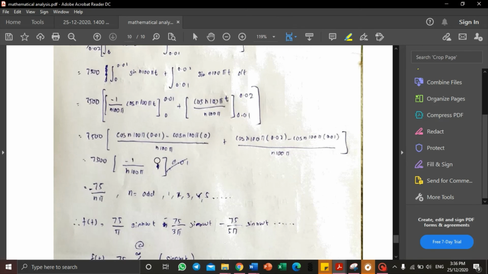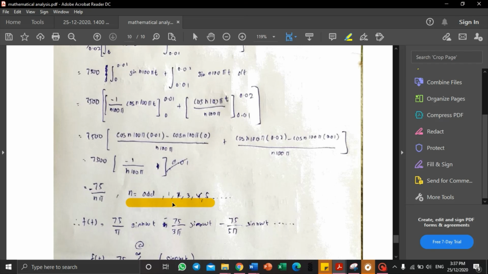Okay, and then we need to apply even and odd. So for the bn, we know that if we apply an even number, the equation becomes 0. Therefore we don't need to find the even numbers, and then we need to find the odd numbers, which are 1, 3, 5, 7 and so on.